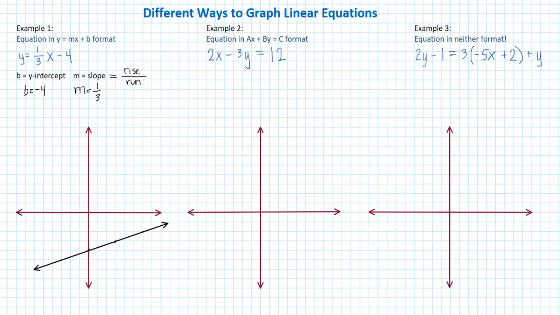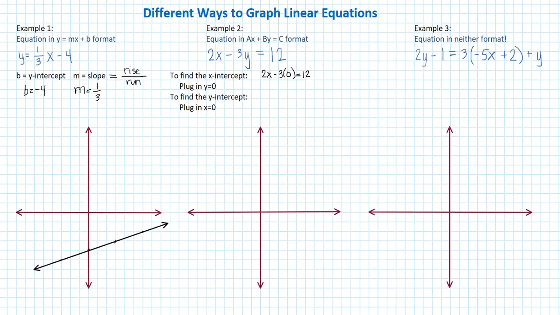For example 2, we could certainly rearrange this so that we have the same format, the y equals mx plus b, and we would get y equals 2/3 x minus 4. But instead, we're going to look at a way that is a little bit faster. And that is to find the two intercepts.